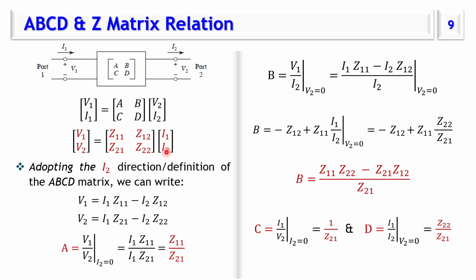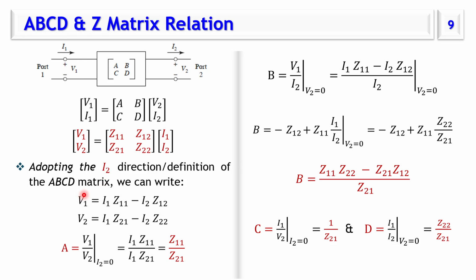So I2 of the Z matrix must be negative I2. I2 here would be negative I2 because the direction of the current in ABCD is the opposite of the direction of the current for the Z matrix.